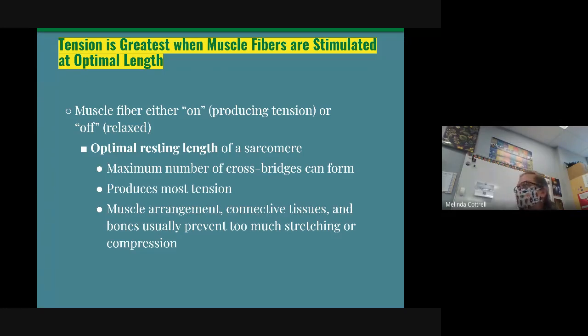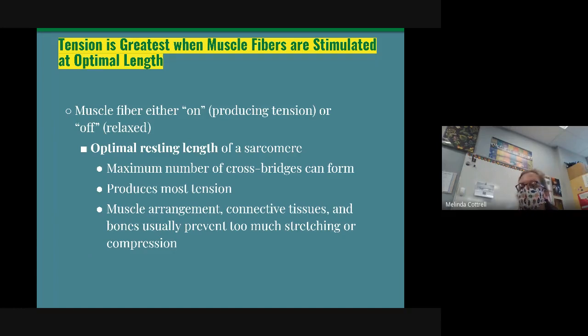That means the potential to produce the most tension, right? The more cross bridges I can form in a single sarcomere, because there are hundreds of myosin heads, the more efficient that contraction is going to be at the sarcomere level, the muscle fiber level, the organ level. So, the maximum cross bridge formations.